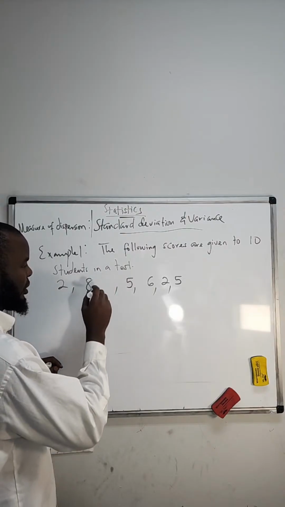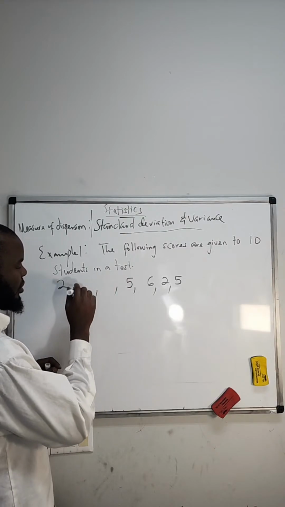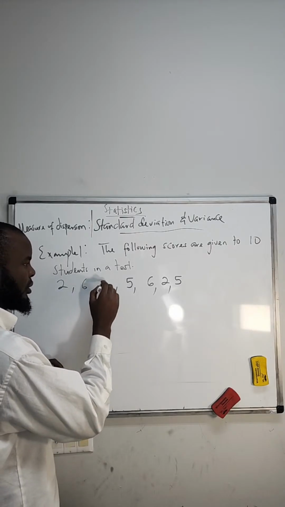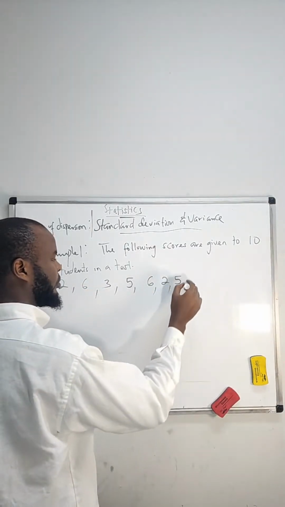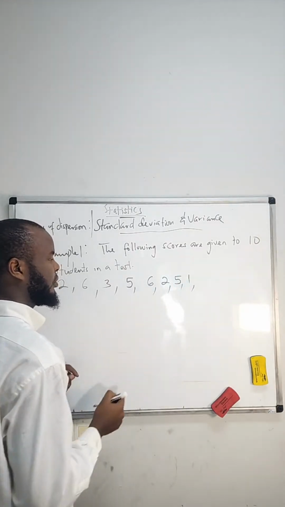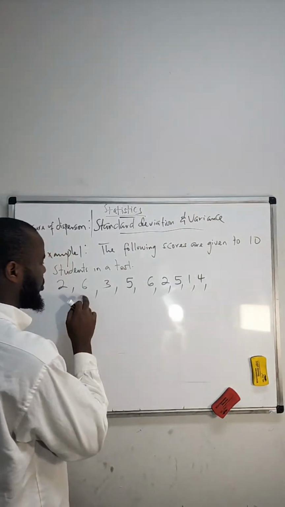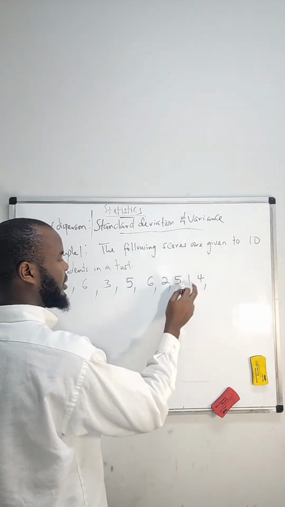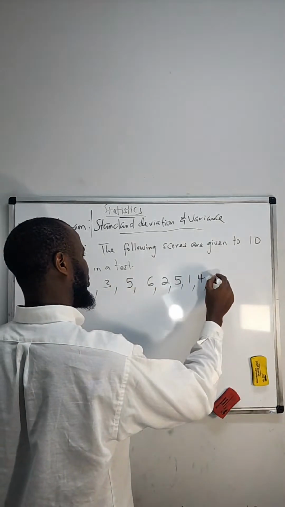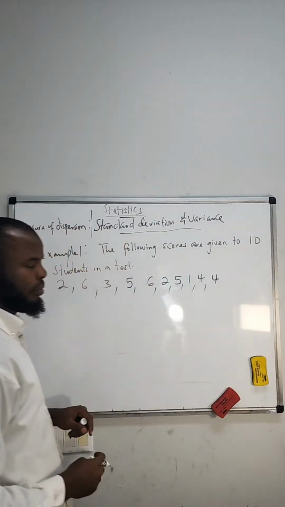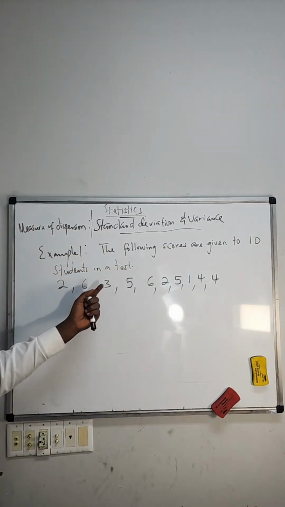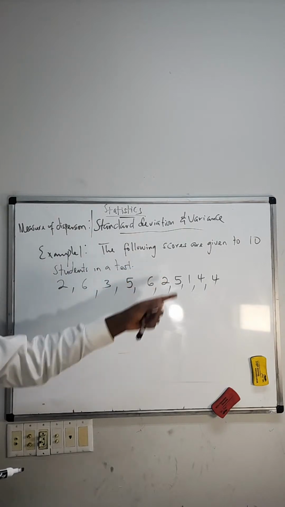Let me make this 6, 3. You have 1, then you have 4. So these are the scores: 10 values in total.